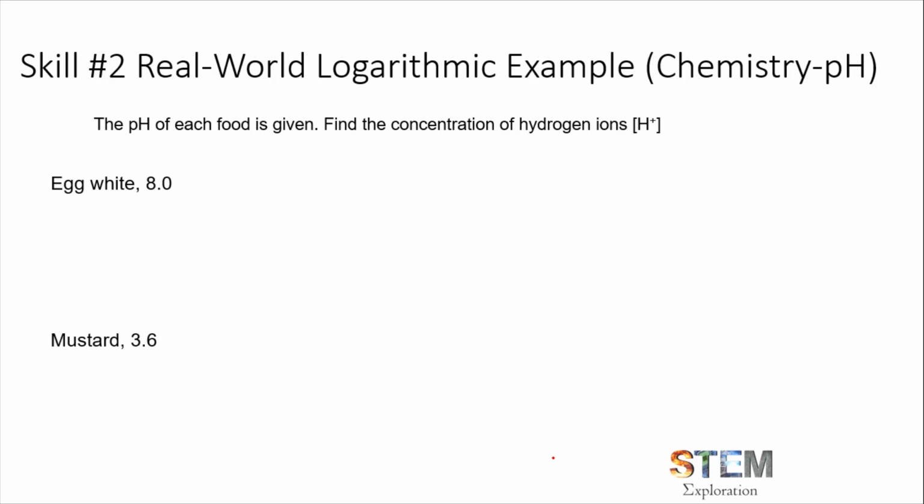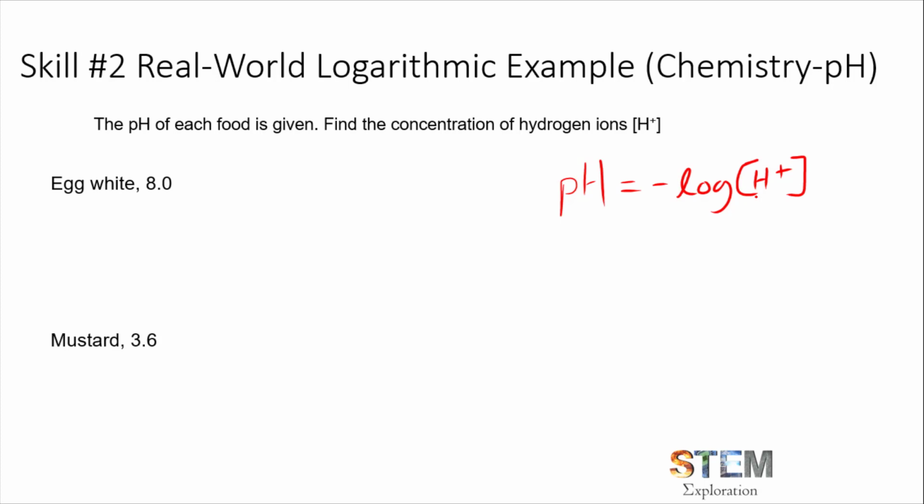So when we look at a pH model, you're actually looking at something very similar to a Richter scale model. So the pH scale is pH, which is equal to the negative log of hydrogen ion concentration. Okay, so whenever you see something like H plus in parentheses, we're just talking about concentration of hydrogen ions.